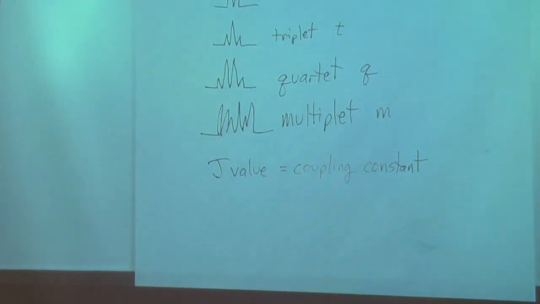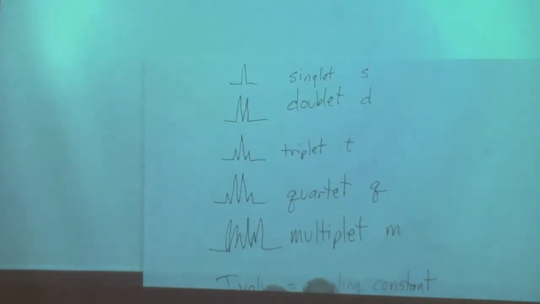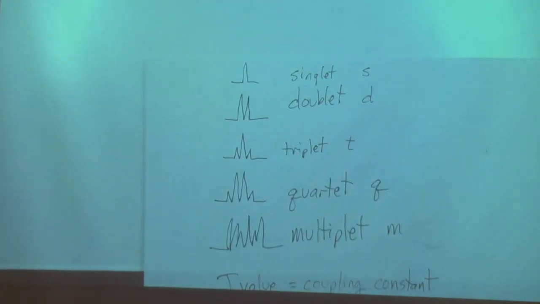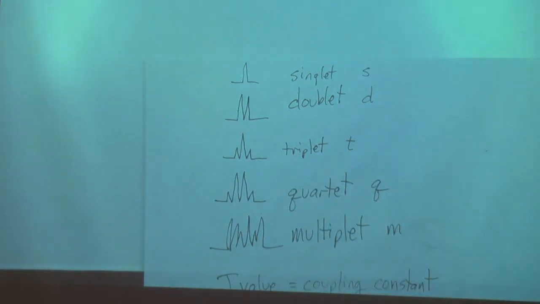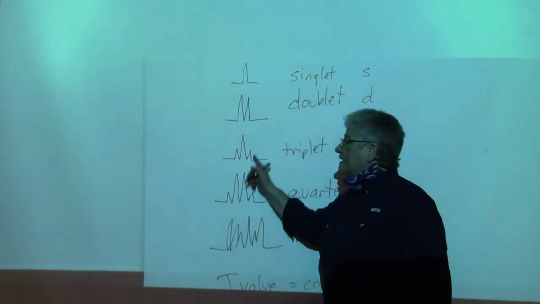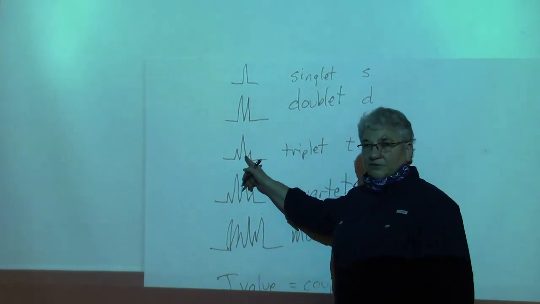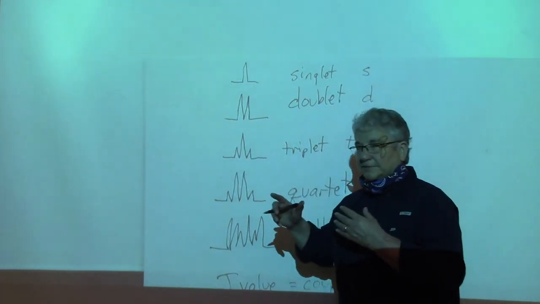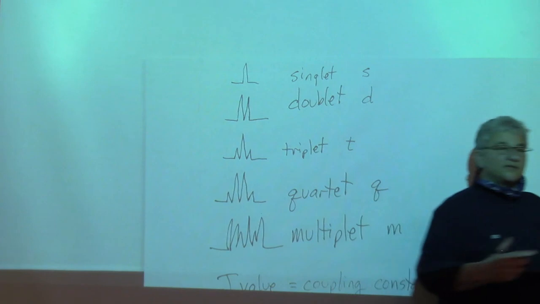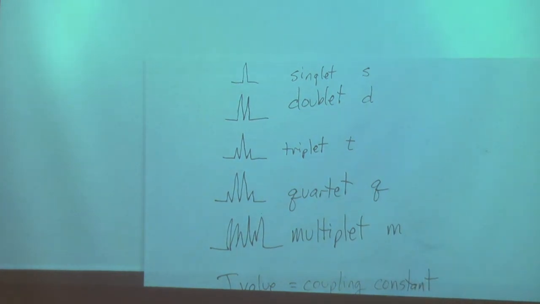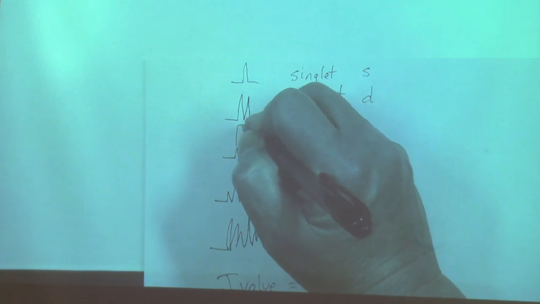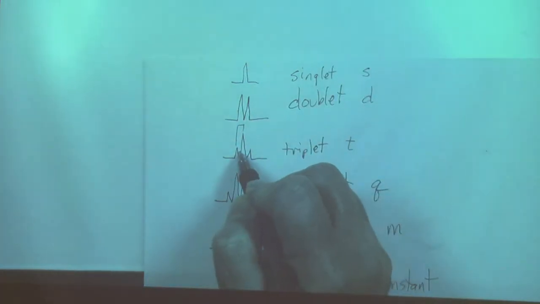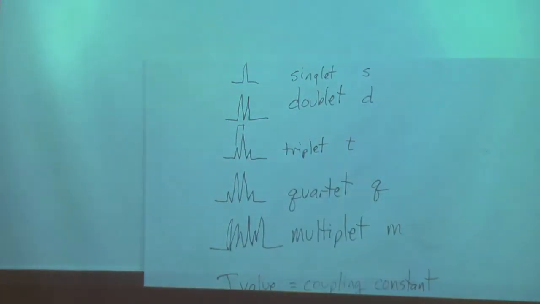Why that is valuable is that if you're trying to determine whether the peak you're looking at is a triplet or something else, you can do that by looking at the distance between these two peaks.